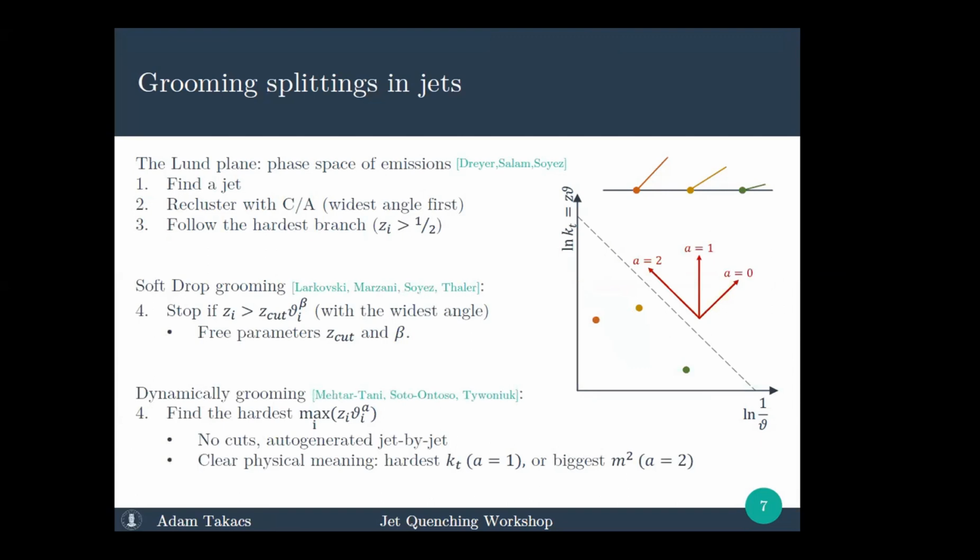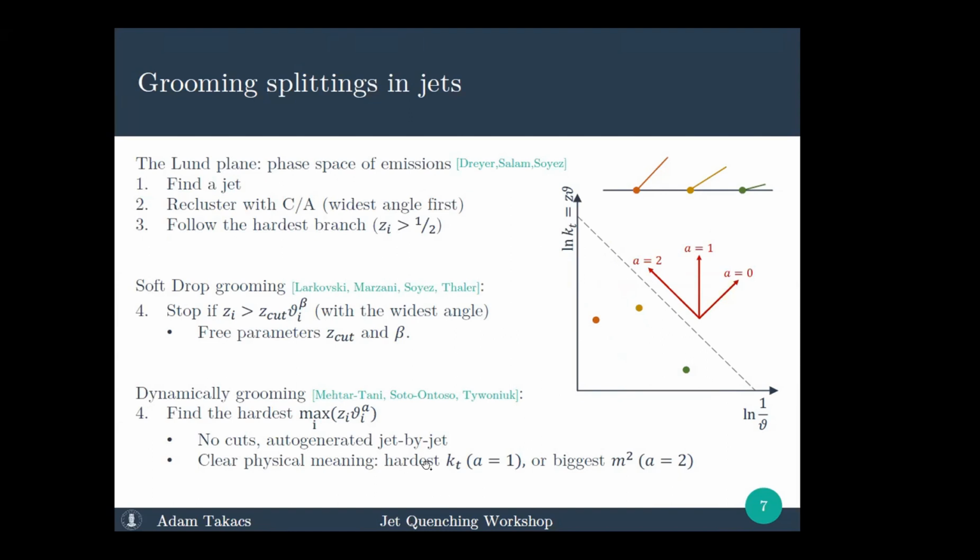The topic that I'm going to discuss today is another grooming, which is called dynamical grooming. It's a more automatic, more fluctuating grooming, which doesn't put any hard cut on the phase space, but instead tries to select which one is the hardest, which one is the most dominant emission inside the jet.